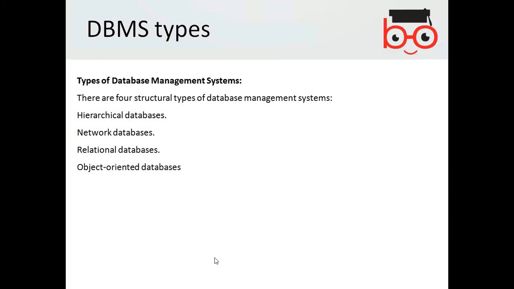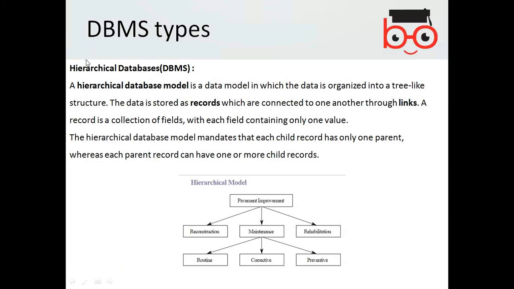There are 4 structural types of database management system. One is the hierarchical database, another is the network database, then relational databases, and object-oriented databases. The hierarchical database model is a data model in which data is organized into a tree-like structure like this.